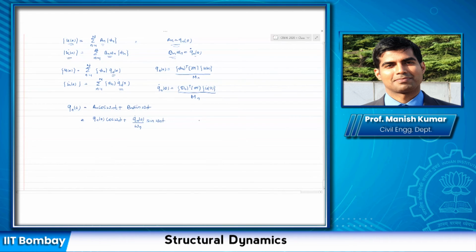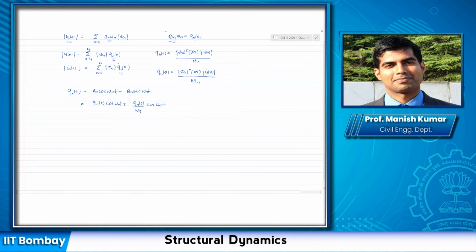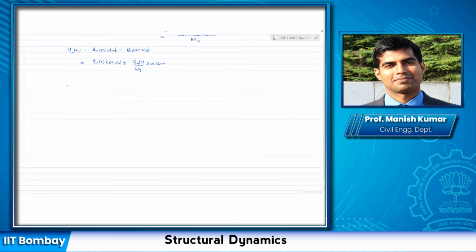And if you remember, this is of the similar form that we had done for single degree of freedom system. Okay, so we have this. We also have the values qn0 and qn dot 0. Can we not get the total response? What would be my total response? ut as summation n equal to 1 to n phi n times qn of 0 times cos omega nt plus qn dot 0 divided by omega n sine omega nt.